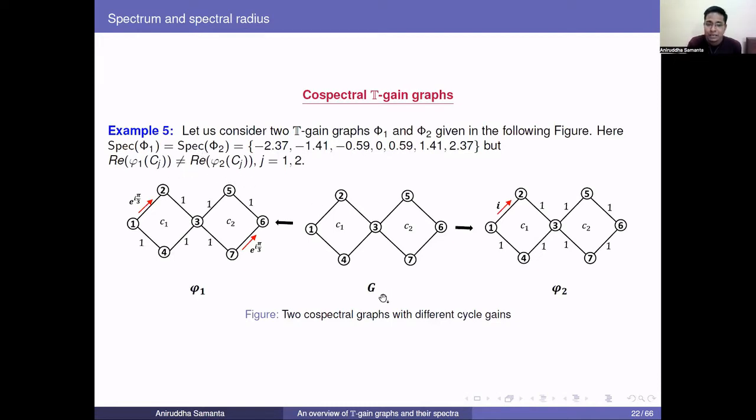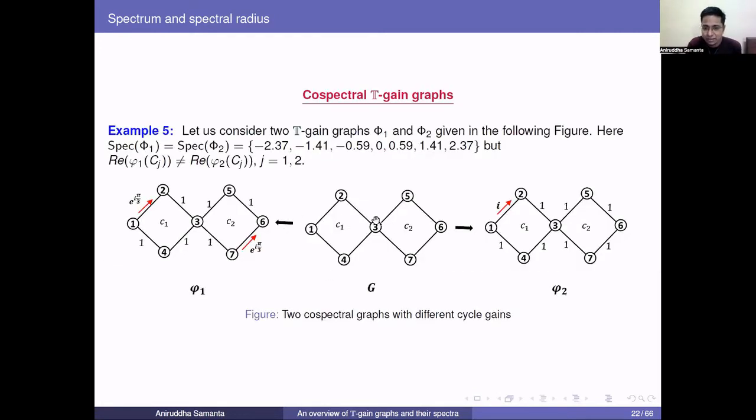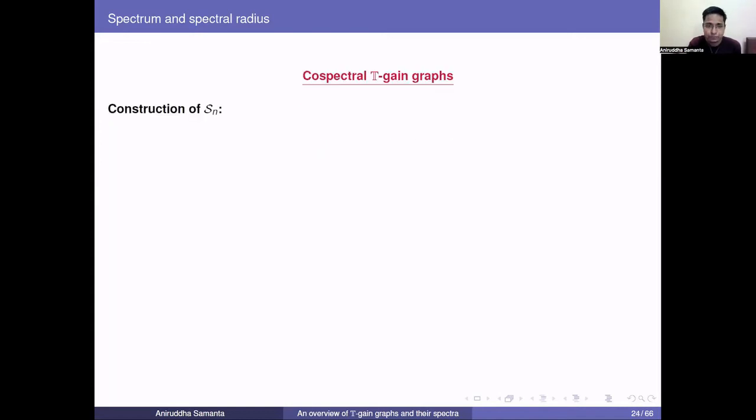Okay. So the question is, for which structure will the converse be true? For this structure, the converse is not true. Therefore, we consider some particular types of structure for which the converse will be true. Here we construct two structures.